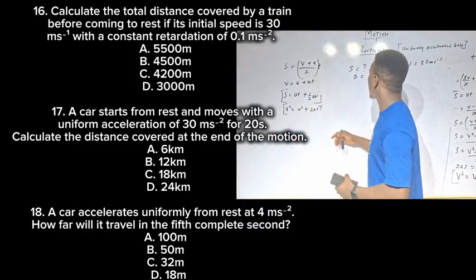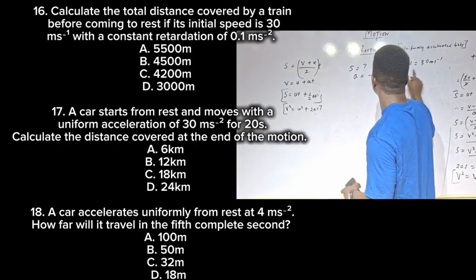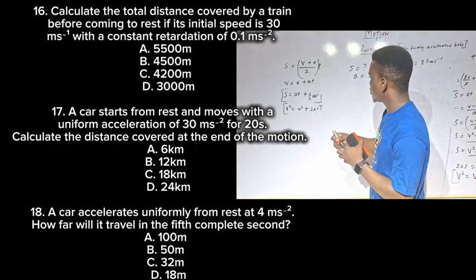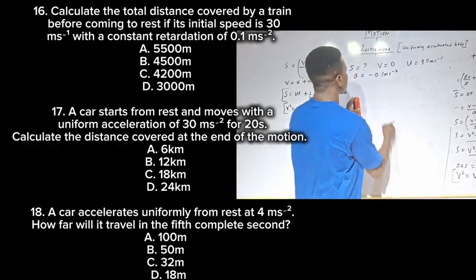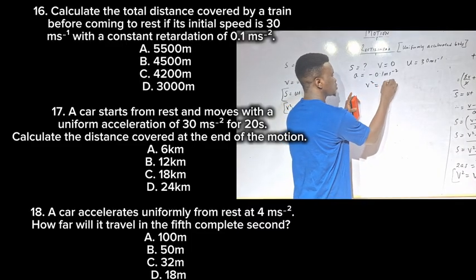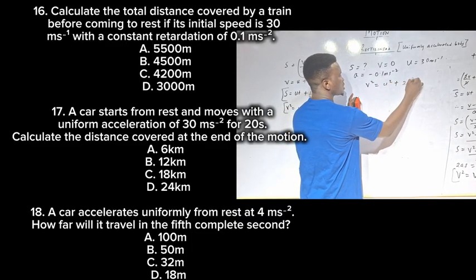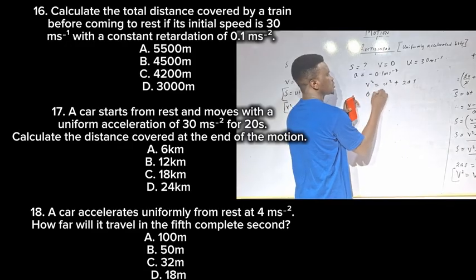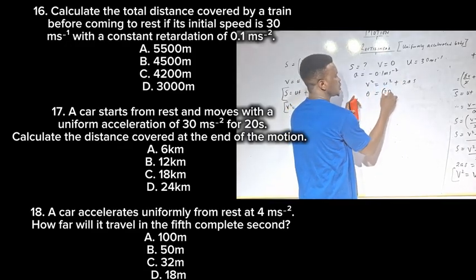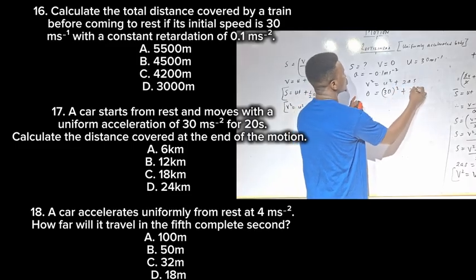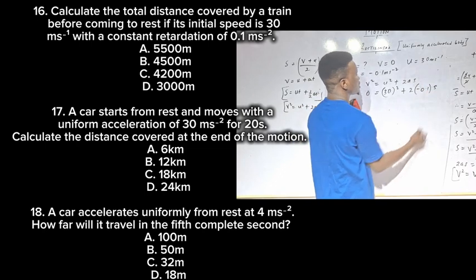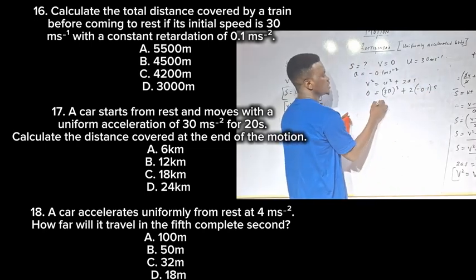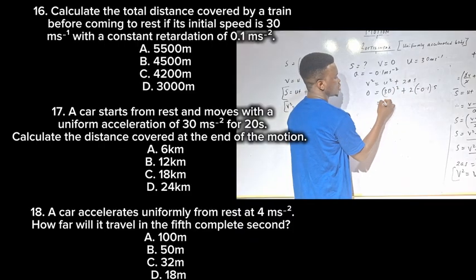We have V, we have U, we have A, we have S. So the best formula to apply would be this formula. So V squared equals U squared plus 2AS. So our V squared is 0 equals our U squared is 30 whole squared plus 2 into minus 0.1 times S.